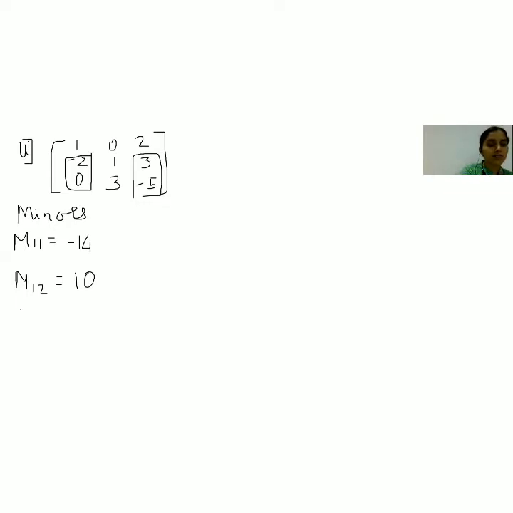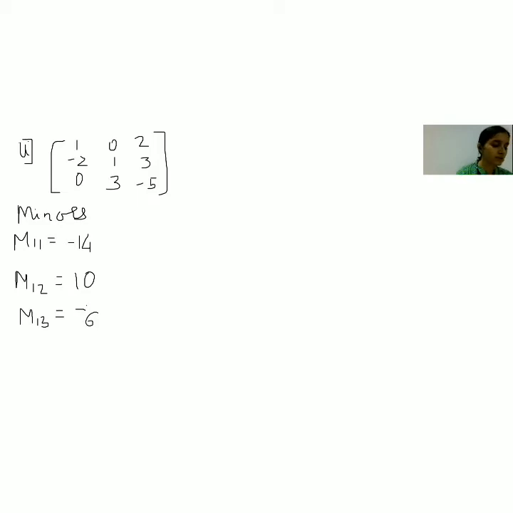Then we have M13. Okay, so M13 first row, third column, right? So first row, third column, hide them. So you get minus 6 plus or minus 0 is minus 6 itself.